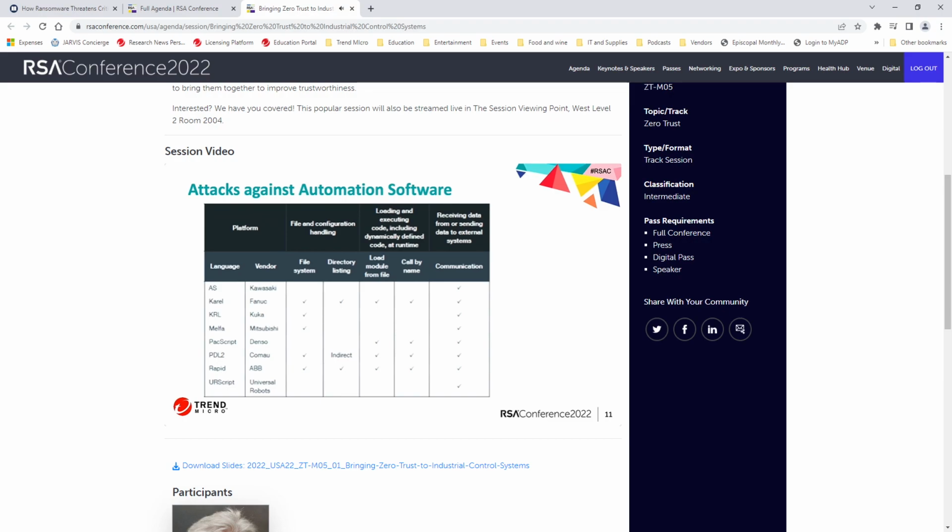The issue here is that these products have their own languages. Now, the languages are fairly familiar. If you're comfortable with C or with Python, you can figure out your way to program some of these things. And if you program in C or Python, there are static analysis tools that you can use to detect problems. The issue here is the install base.